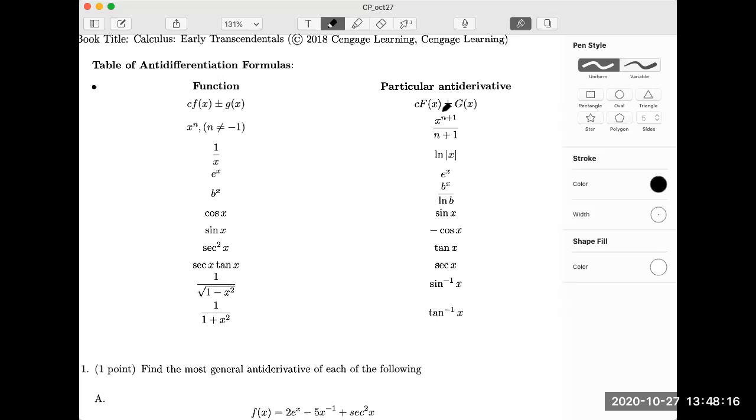Plus and minus will be the same. The second formula here, x to the n, it will be x to the n plus 1, the antiderivative. We raise the power up one more order, right? But then divided by the same number. Okay?